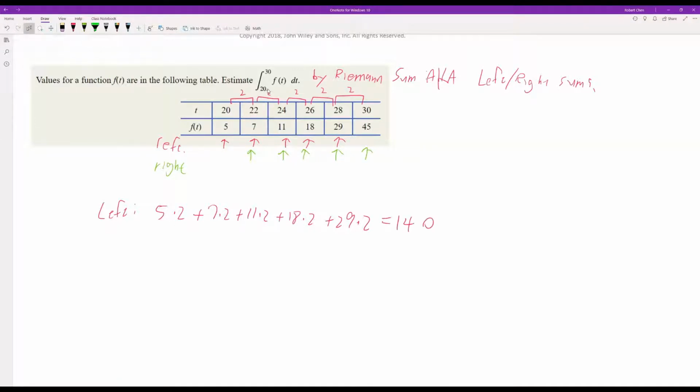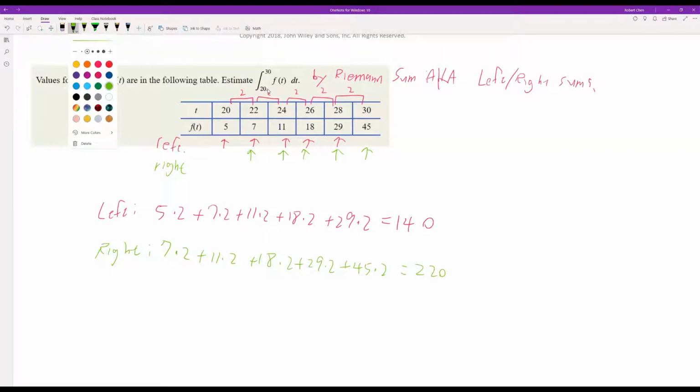And the right-hand sum will be 7 times 2, plus 11 times 2, plus 18 times 2, plus 29 times 2, plus 45 times 2, which will be 220.